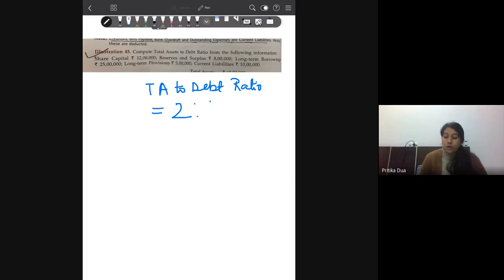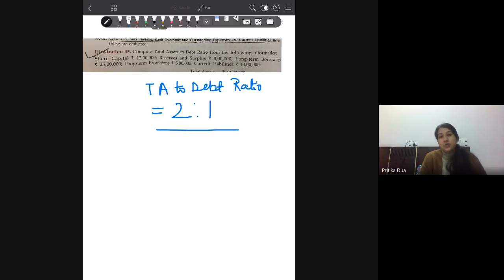Now, what do we mean by this ratio, or what is this ratio trying to communicate? As I told you, it is giving you the relation between total assets and debt of the firm. It is actually telling you how much safety the creditors have. Creditors are the people who are extending credit to the firm.